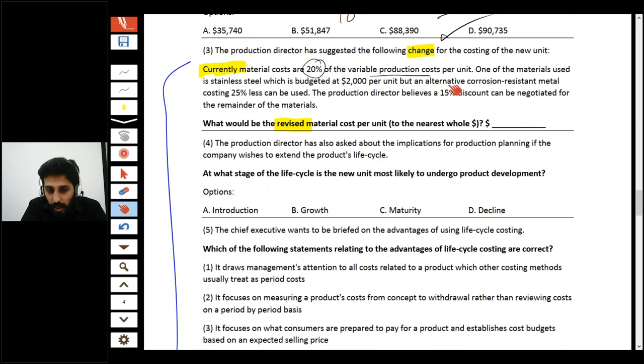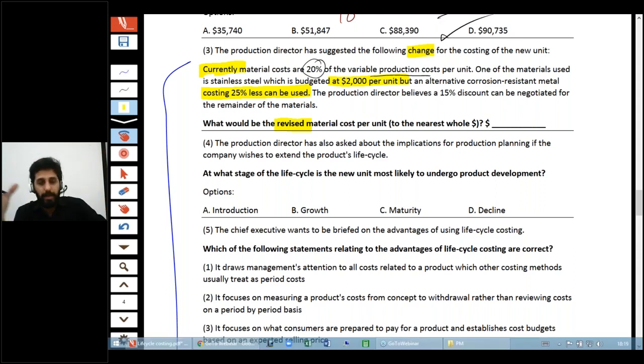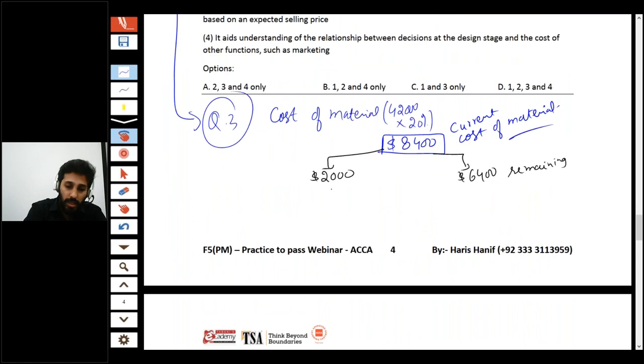That is one of the materials, because that's the total material cost. But an alternate corrosion resistant metal costing 25% less can be used. From that 2,000 per unit, 25% less can be used, because we are having some alternate material.